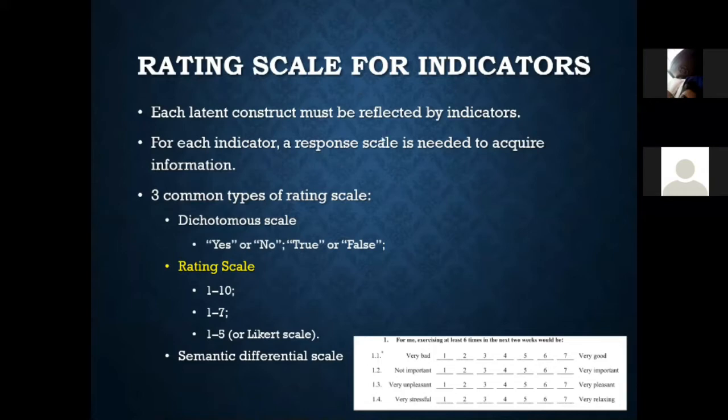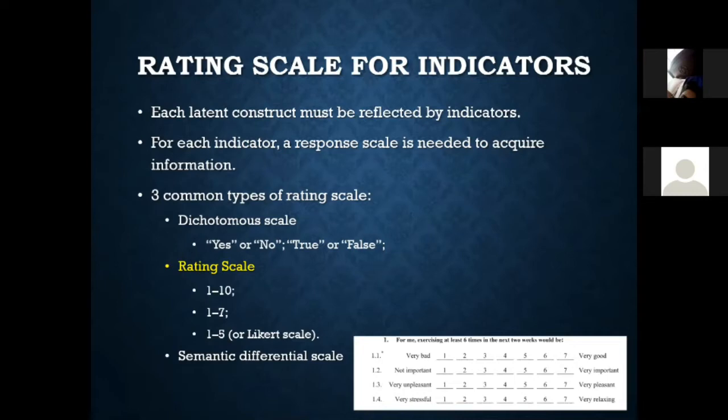For each indicator, in order to capture the information, you must have a rating scale. Each latent construct must be reflected by indicators, and for each indicator, a response scale is needed to acquire information. There are three common types of rating scale.